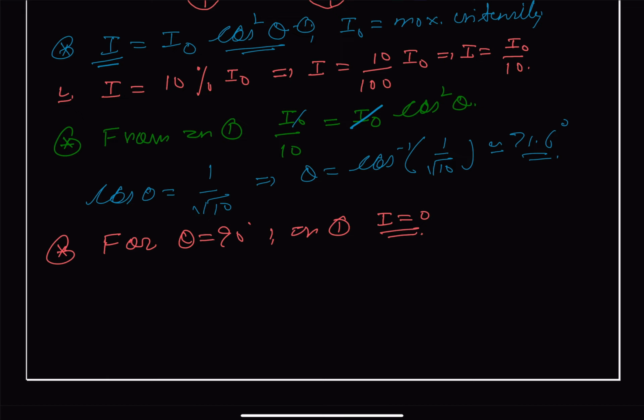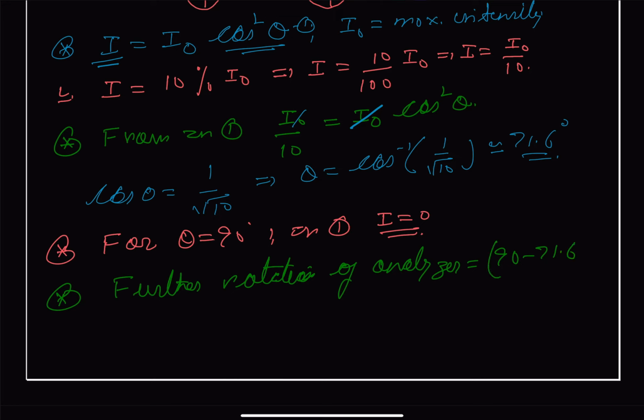So it means the extra rotation, you can say the further rotation of the analyzer, will be equal to 90 minus 71.6, and this comes approximately equal to, let us call this theta prime, 18.4.